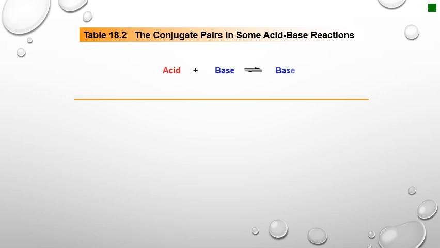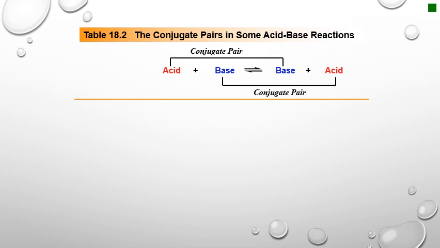Remember, when we react the acid and the base, we'll get the acid from the reactants pairing up with the base from the products. So there's our conjugate acid-base pair. And then the base from the reactants goes to the acid for the products. And that would be your other conjugate pair. So when we look at our first reaction, we have HF plus H2O, and it's going to form F minus and H3O plus.